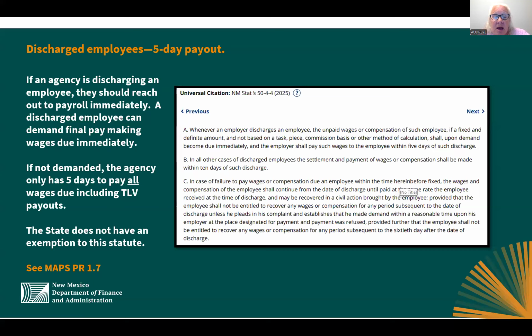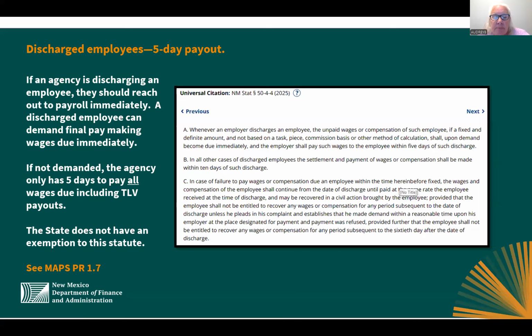So if you have an employee that is being involuntarily terminated, I highly recommend that you reach out to Central Payroll as soon as you receive that information to determine whether or not we need to cut a check immediately or you need to submit the requirements for a 5-day payout.